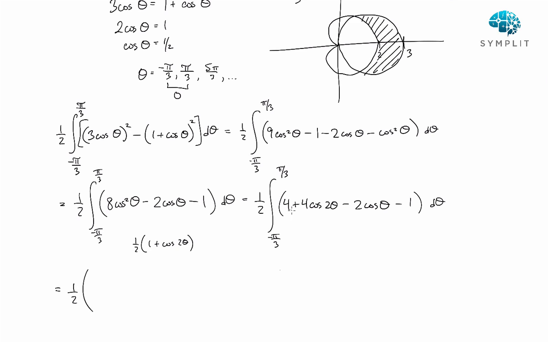So first of all, we have 4 minus 1, that's 3. So integrate that, you get 3 theta. And then here it's going to be 2 sine of 2 theta. And then here we're going to have minus 2 sine of theta. And we're evaluating from negative pi over 3 to pi over 3.